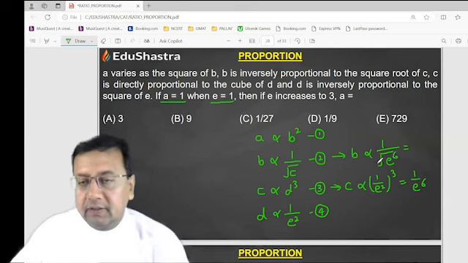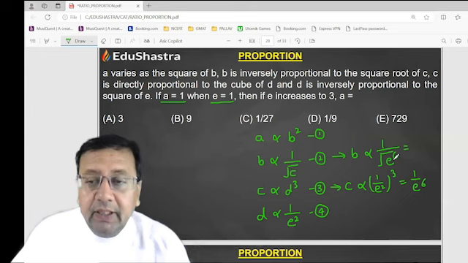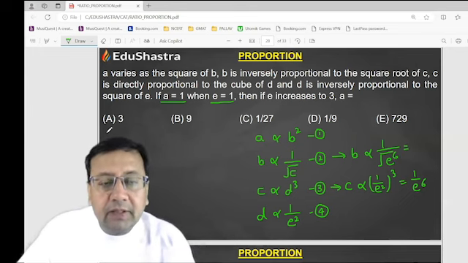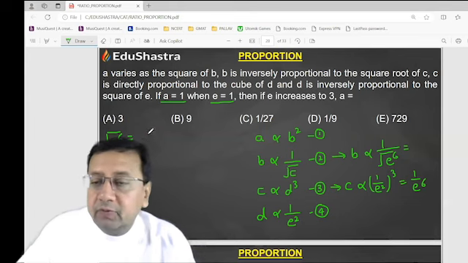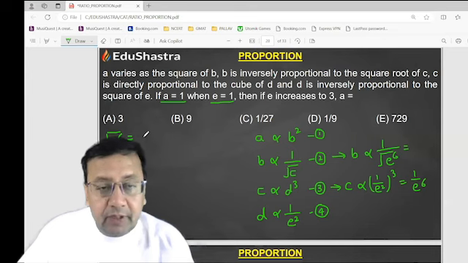Right. See, this is 1 upon square root e raised to power 6, right? And I suppose you can recall, if I simplify this term, square root e raised to power 6, putting up the rules for indices, square root is what? Half power, right?